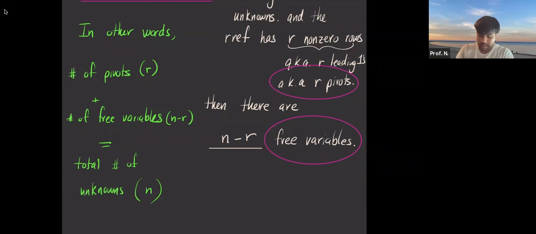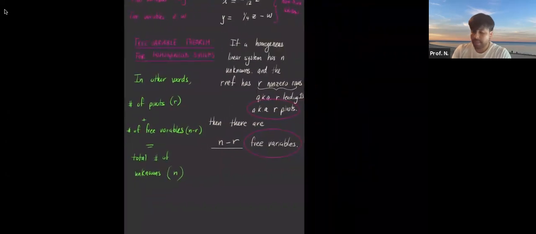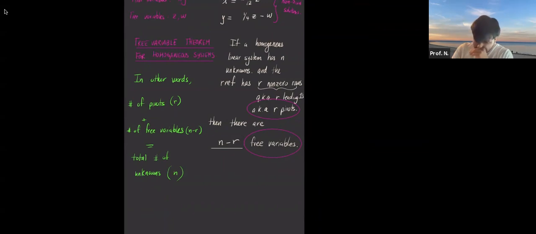Okay, so we talked a lot about systems. I feel like we've done a lot about elementary row operations, row reduced echelon form, and we did a little bit of homogeneous systems. So we're getting our feet wet.